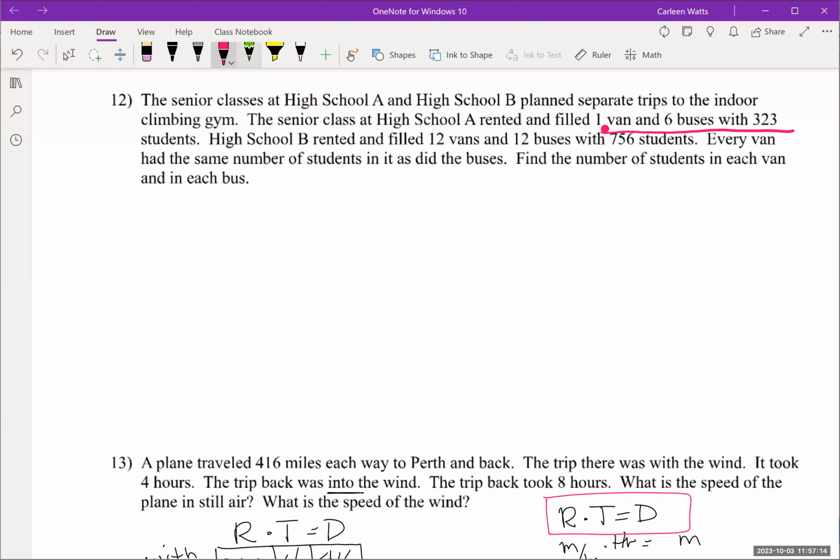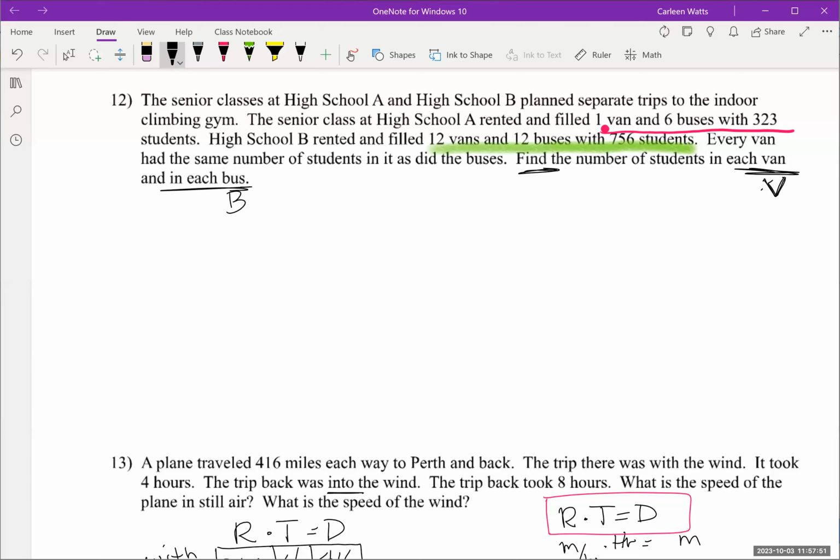High school B, 12 vans and 12 buses, 756 kids. Okay, are my variables A and B, or are my variables V for van and B for buses? VB. Okay, find the number of students in the van and the number of students in the bus. The find is going to tell you that we're using V's and B's.